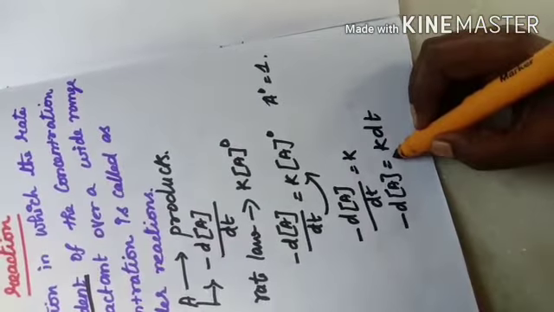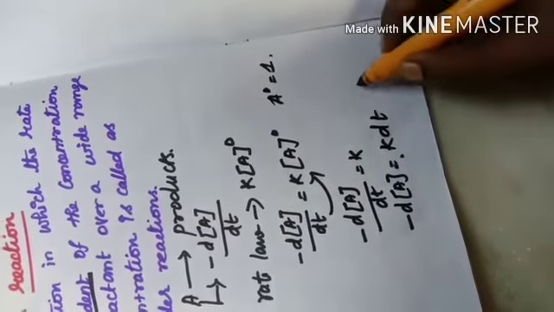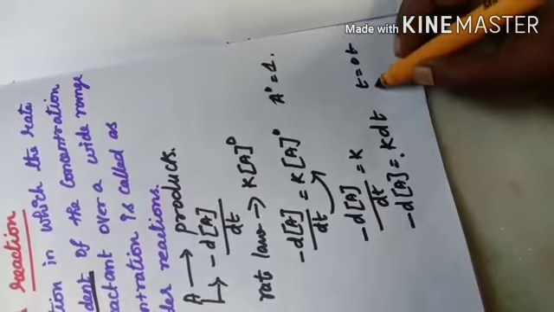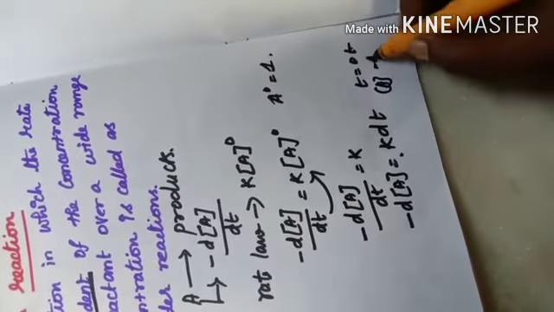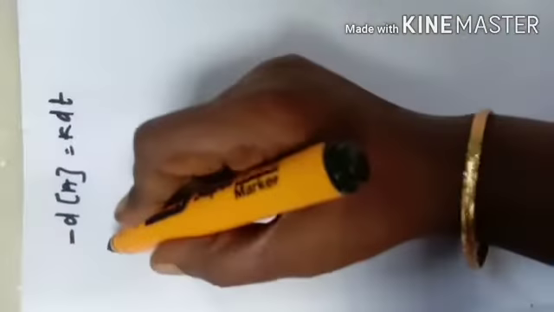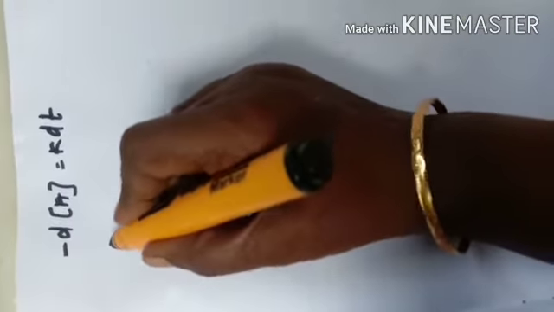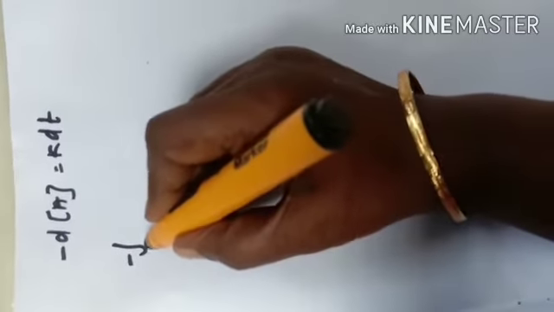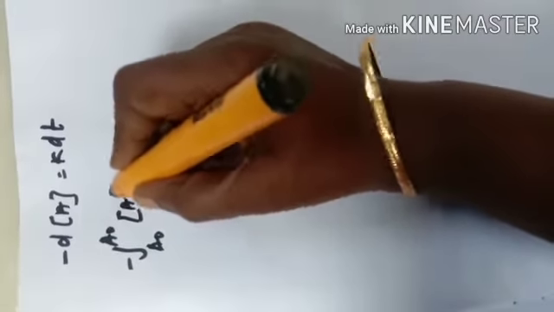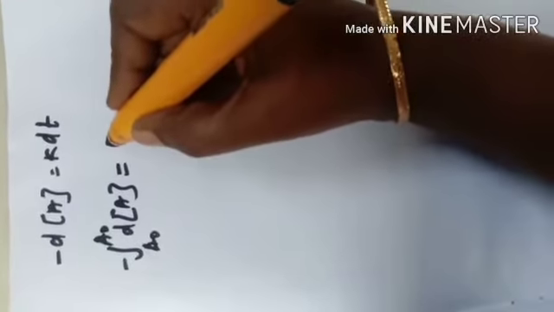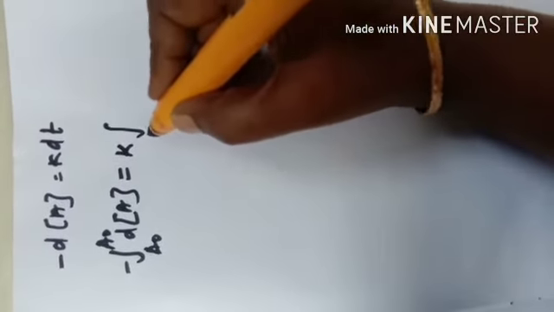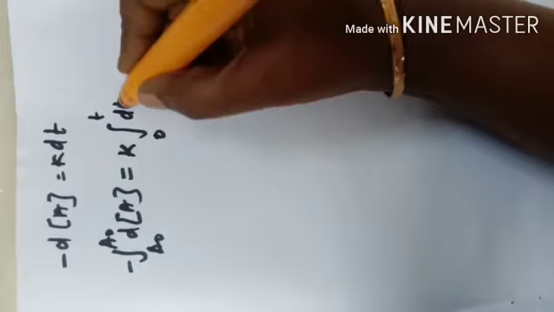Now integrate this equation with the limits t equal to 0 to t, and concentration A equal to A naught to A. So integration of minus dA with limits A naught to A equals k, which is a constant, so take it out, integration with limits 0 to t of dt.